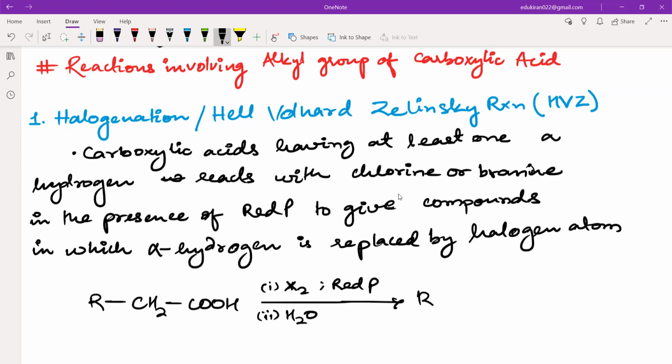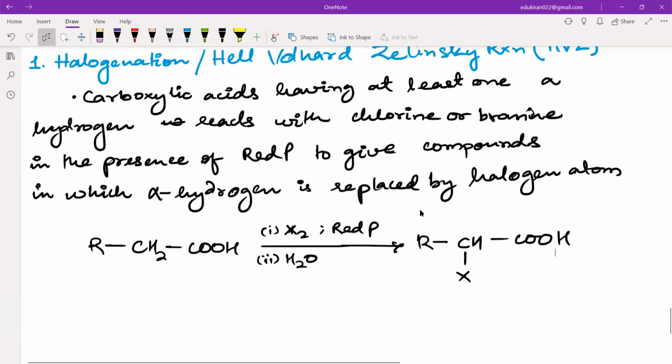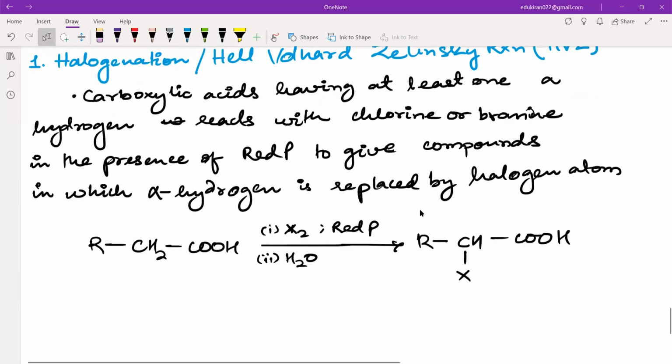You're going to get R CH(X) COOH, where the X adds on the alpha carbon. Okay, so this is the Hell-Volhard-Zelinsky reaction, and this is alpha halo carboxylic acid.